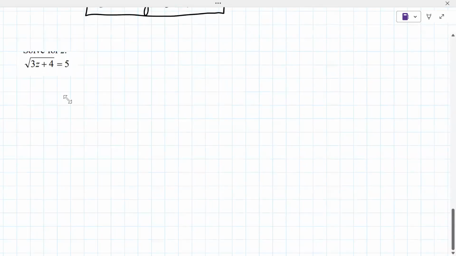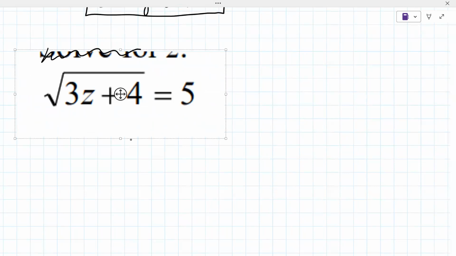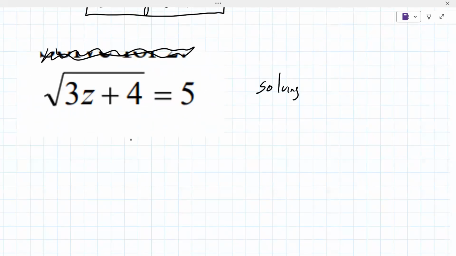All right. So, do you remember anything about solving this type of equation? You have to write out and then subtract the 4, right?